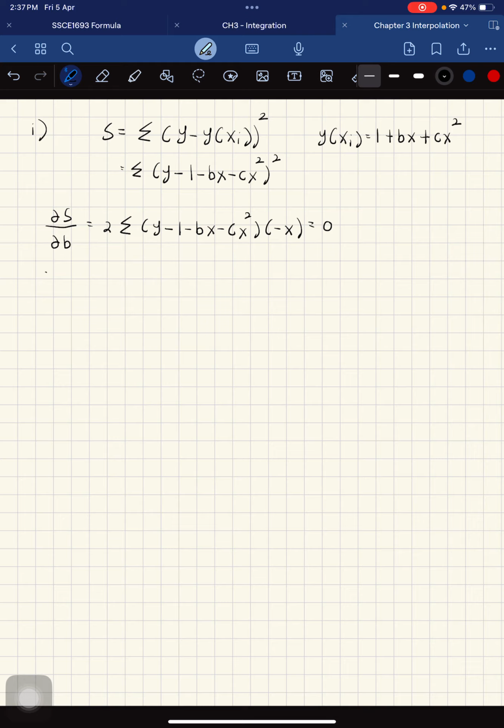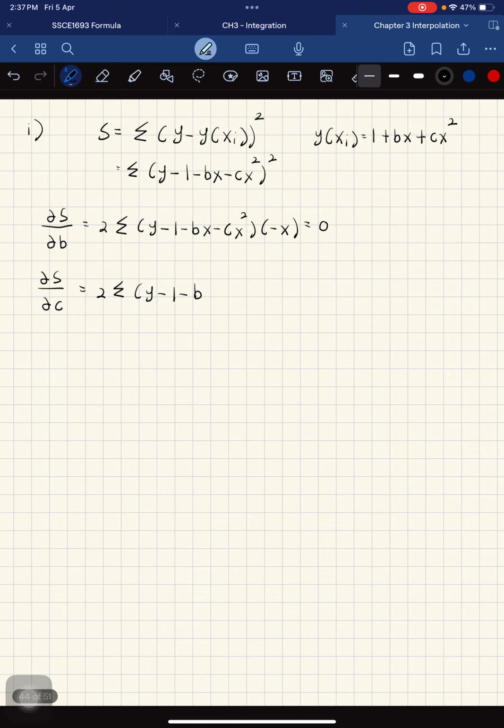And then differentiate again with respect to c, because we have constant c: 2 summation (y minus 1 minus bx minus cx squared) times negative x squared equal to 0.